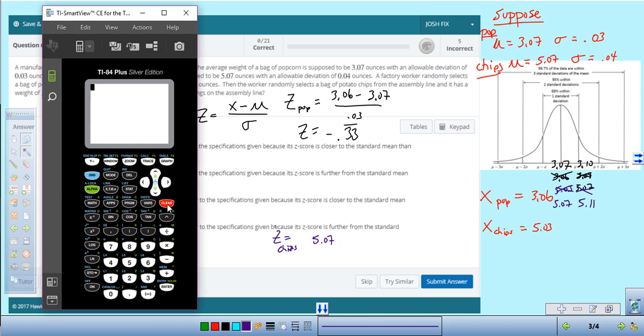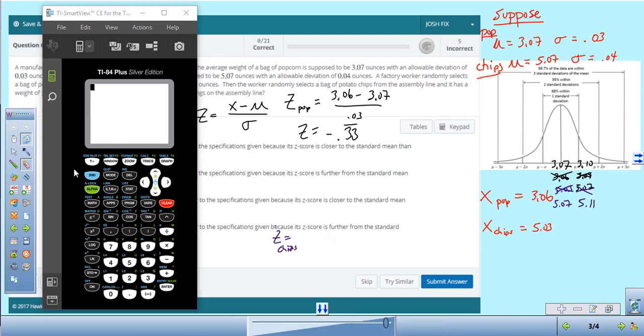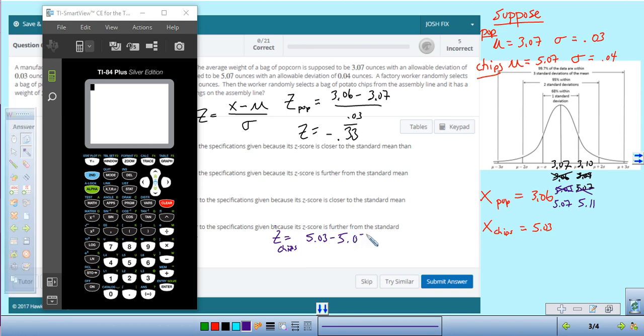Come on now, Fix. How about no more mistakes on this question? My z-score is 5.03 minus my mean, which is 5.07, divided by my standard deviation, which is 0.04. So 5.03 minus 5.07, divide that by 0.04, and we come out with a z-score of negative 0.01.